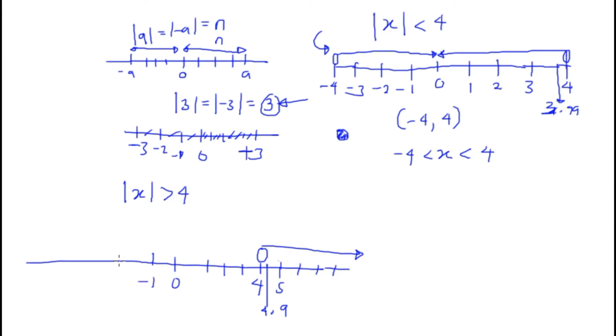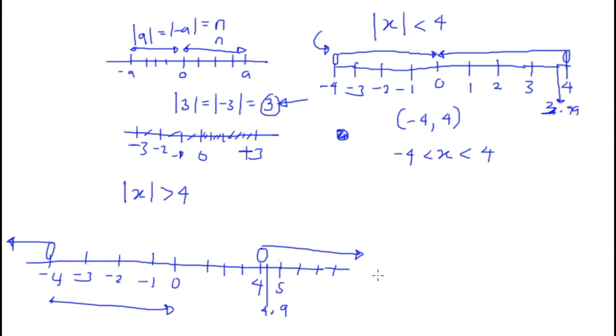So I have -1, -2, -3, -4 onward. So -5 is also part because its distance away from 0 is more than 4 units. Okay, so that's what it means.